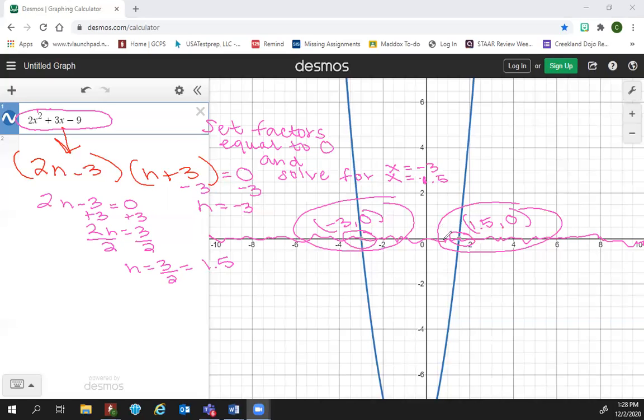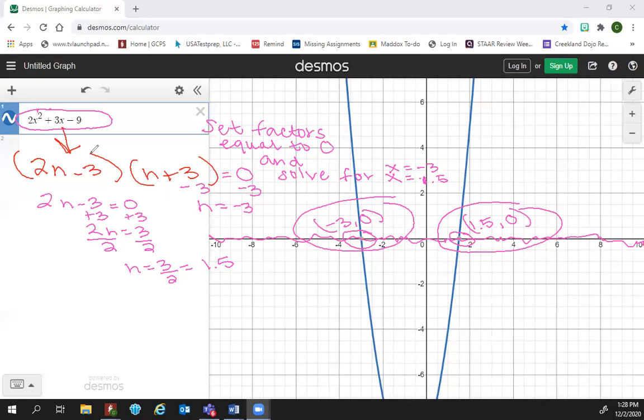Yeah, Desmos just shows you the answers, right? But if I ask you for the factors, Desmos is not going to give you that, right? Desmos might give you 1, and you could convert this into the opposite, but it's not going to give you this. That's why you have to know how to do it both ways.